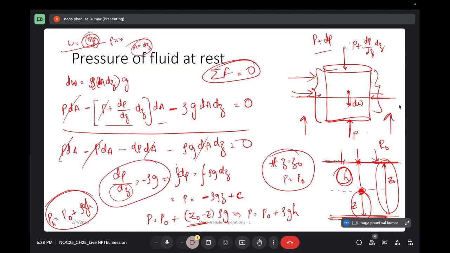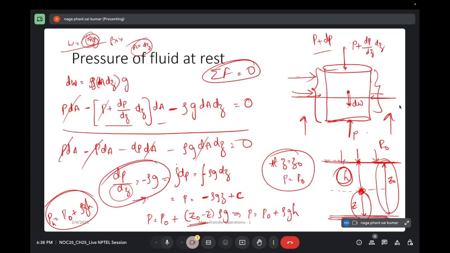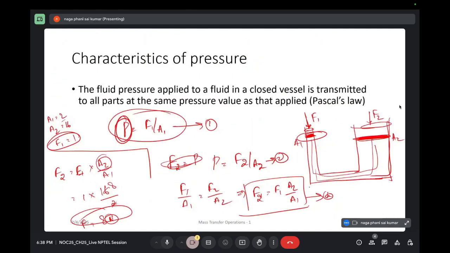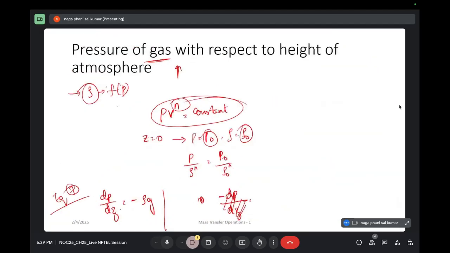Using this equation, let's say this is equation 7, so we know dP by dz is equal to minus rho g for fluids. So if you use this relation, we'll be getting dz is equal to minus dP by rho g.